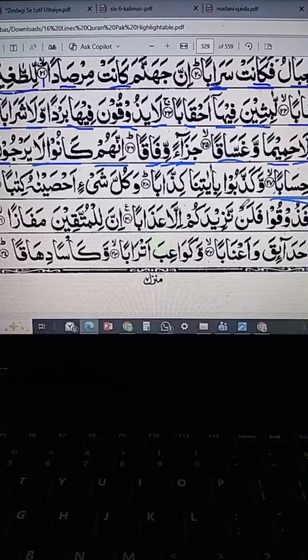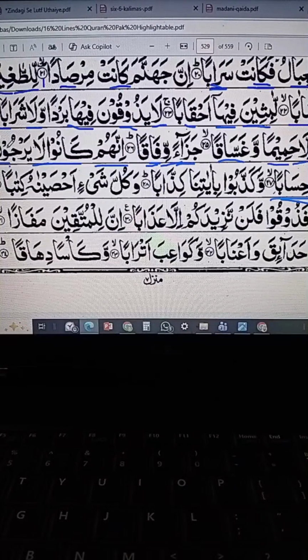As I told, alif madda is when there is a zabar before alif, it will stretch. As you can see, this is alif, before alif this is zabar, and again this is alif and before alif this is zabar. So all these words will be stretched.